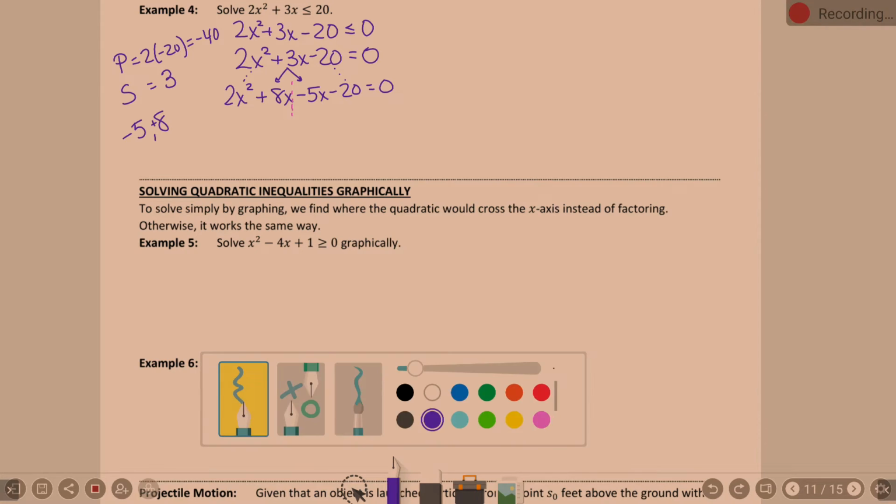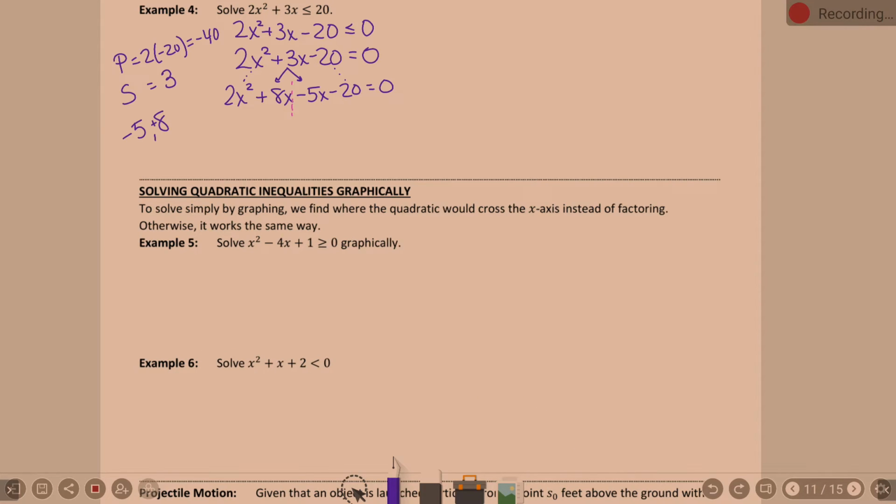GCF of the first half: 2x. When I factor out 2x, I'm left with x plus 4. GCF of the second half: minus 5. You factor out that minus 5, I'm left with x plus 4.